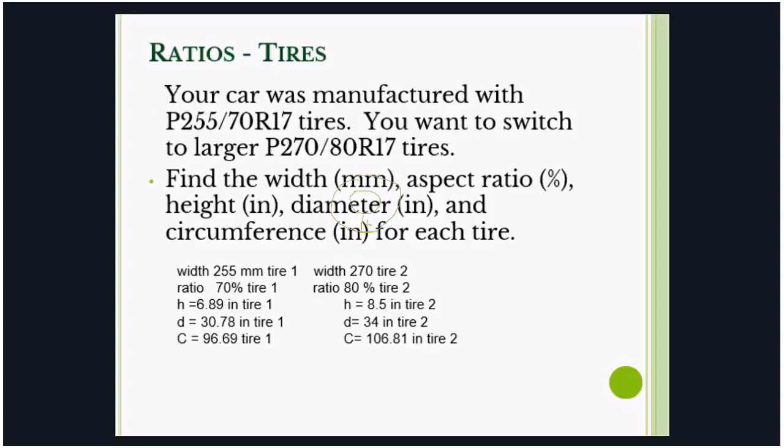So to find that height, you want to set up a ratio that involves your aspect ratio and your millimeters. You can then figure out what the height is in millimeters, and then you have to convert it to inches. You may want to review some of those calculations.